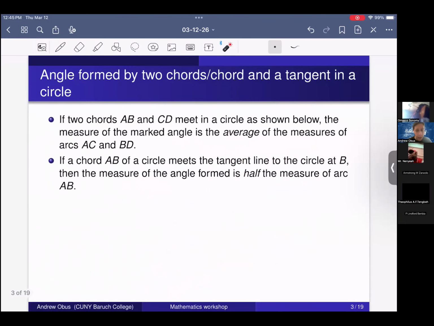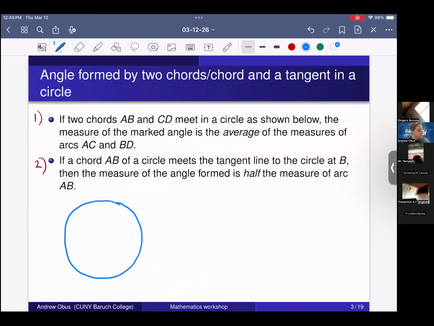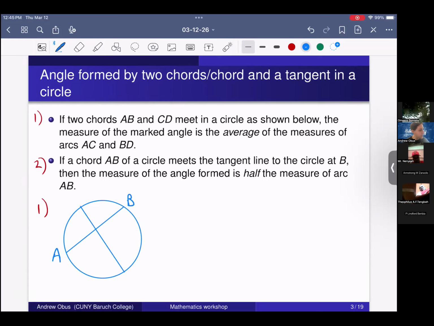Okay. There were a couple more things to review before we go over the exercise. I'm going to label these one and two so that we have a diagram that corresponds to both of them. The first one says that if two chords AB and CD meet in a circle as shown below, so let me draw the circle, this is picture one, with chords AB and CD, then the measure of the marked angle is half, or the average, of arc AC and arc BD.